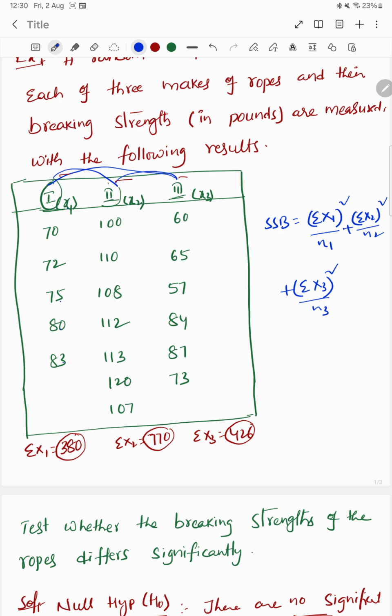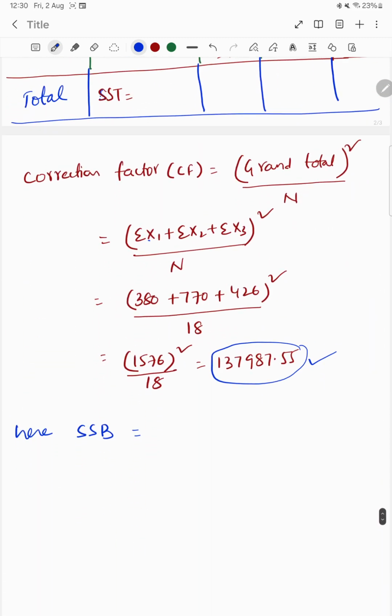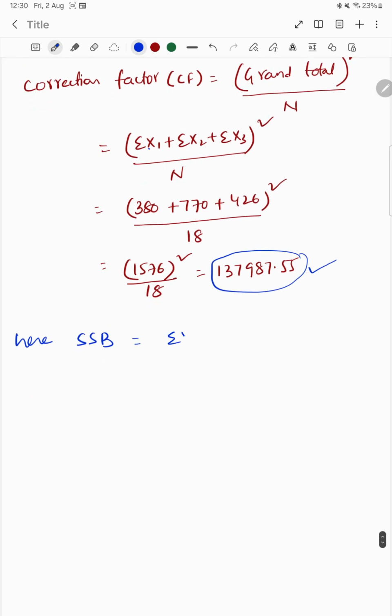Got it? But remember, while calculating SSB or SSR or SST, we have to subtract the correction factor.